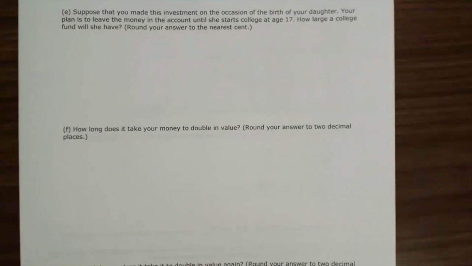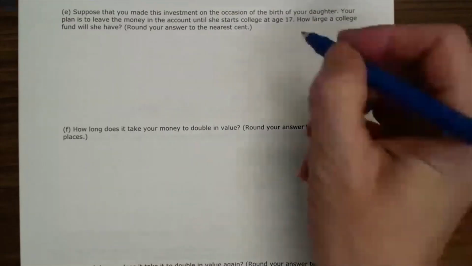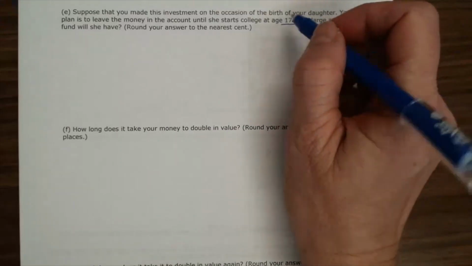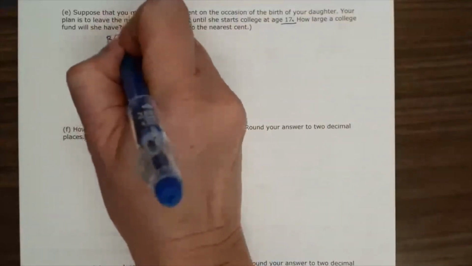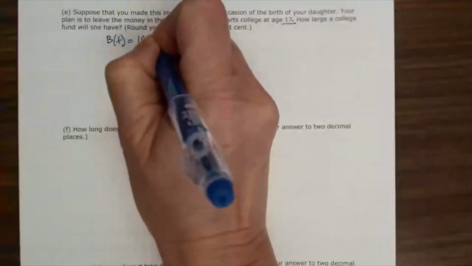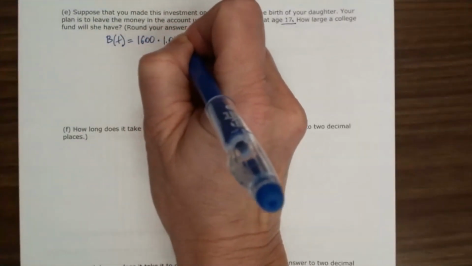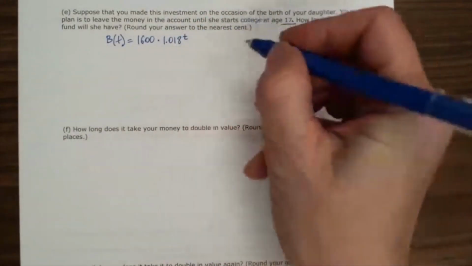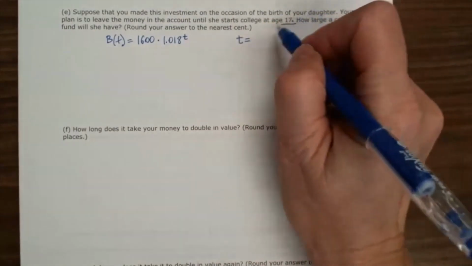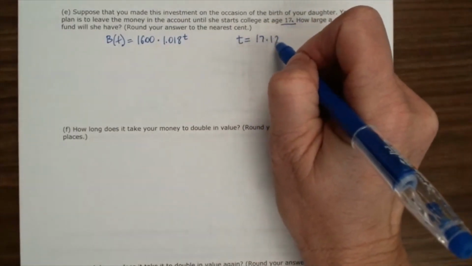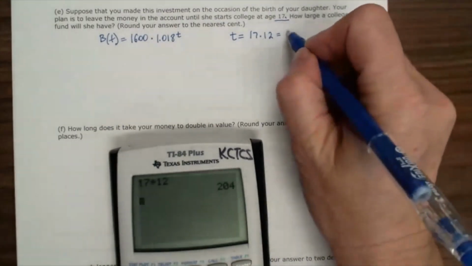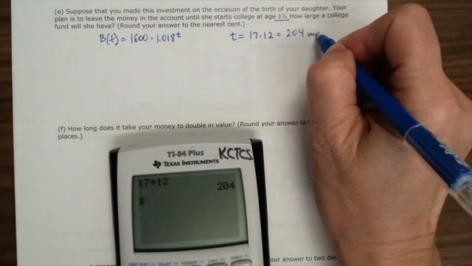Read the next question. Now we need to find how much money you have after 17 years. We know the formula B of t is equal to 1600 times 1.018 to the t power. Here t is in months. So first of all, we need to find how many months are in 17 years. 17 times 12 gives us 204 months.